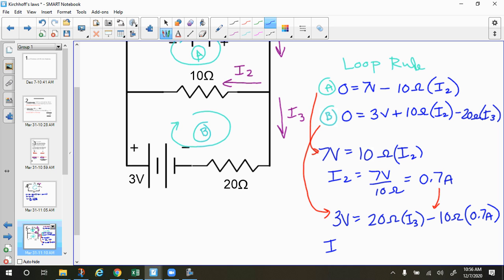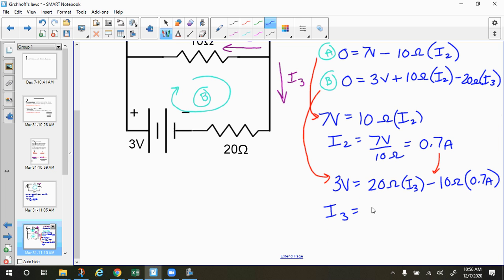So I'm going to subtract the 10 ohms times 0.7, which is 7 volts, sorry. So we have 3 volts, and then I'm going to add the 7 volts, and then I'm going to divide by the 20 ohms.